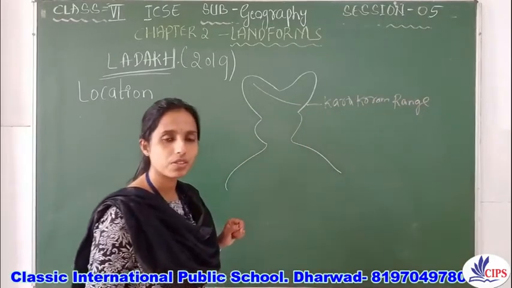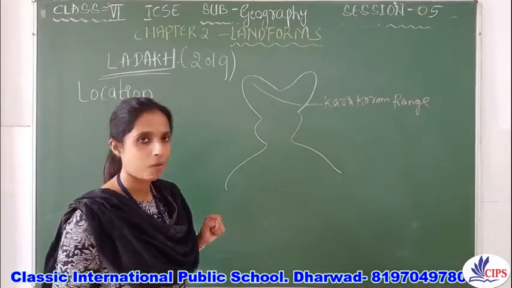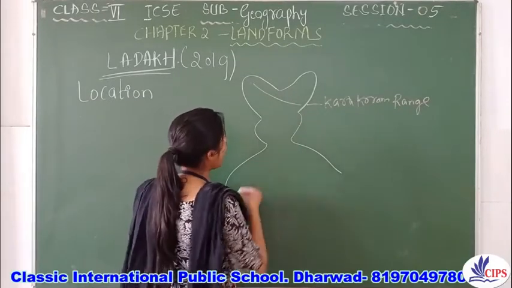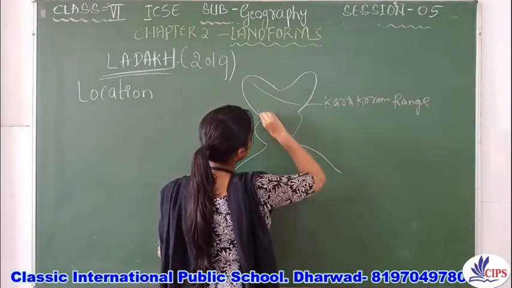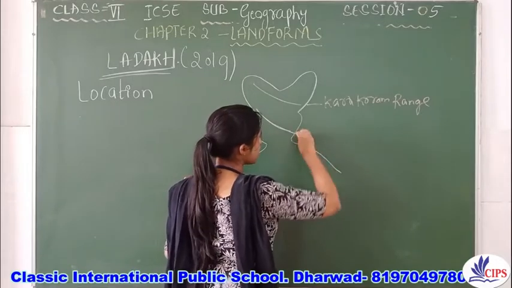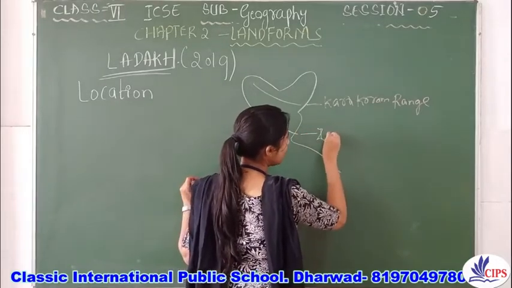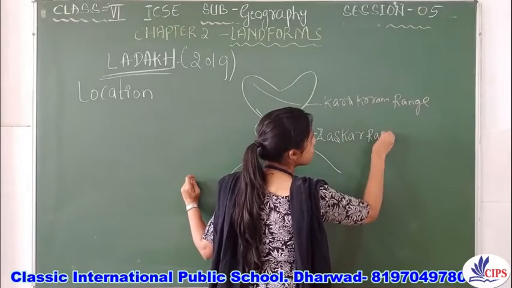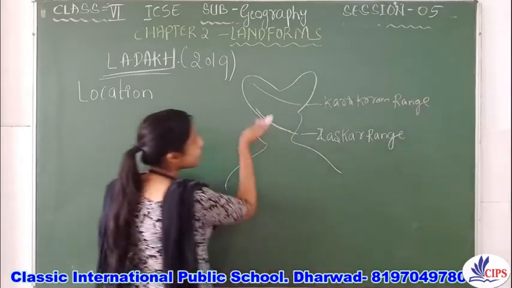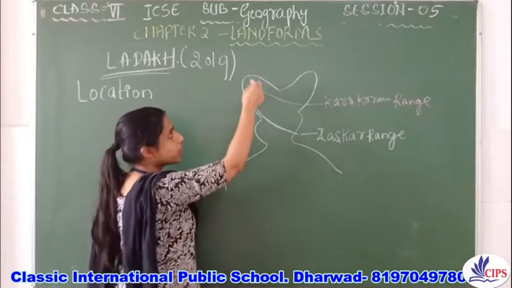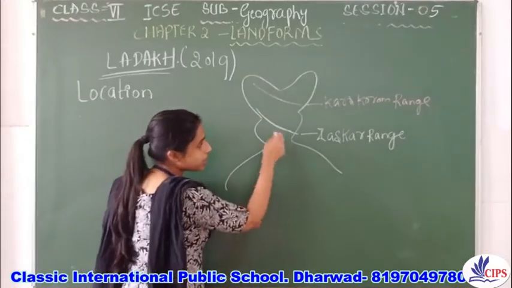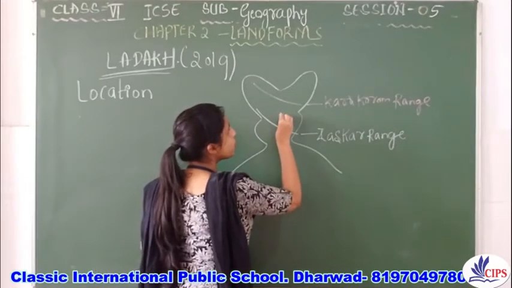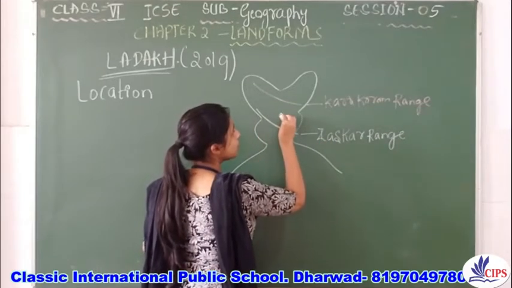What is a range? We have already come across that. This is the Karakoram range, and here is the Jaskar range. This is another range in the Himalaya which we call the Jaskar range. So, in between the Karakoram range on the northern side and the Jaskar range on the southern side lies the Union Territory of Ladakh.